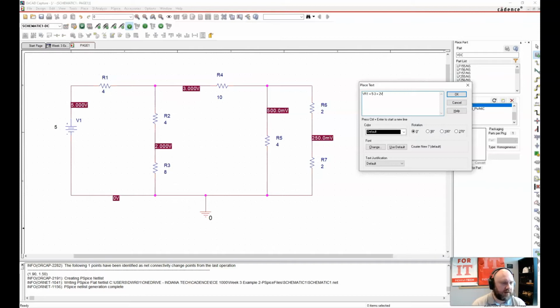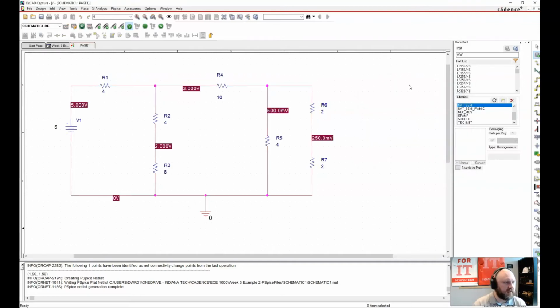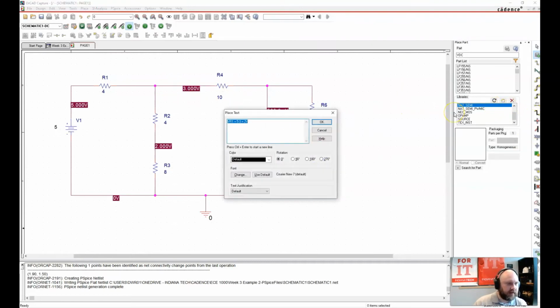VR1, the voltage across R1, is 5 minus 3, which is 2 volts. And I hit the wrong key, so let me try that again. And then VR2 would equal 3 minus 2, which is 1 volt.